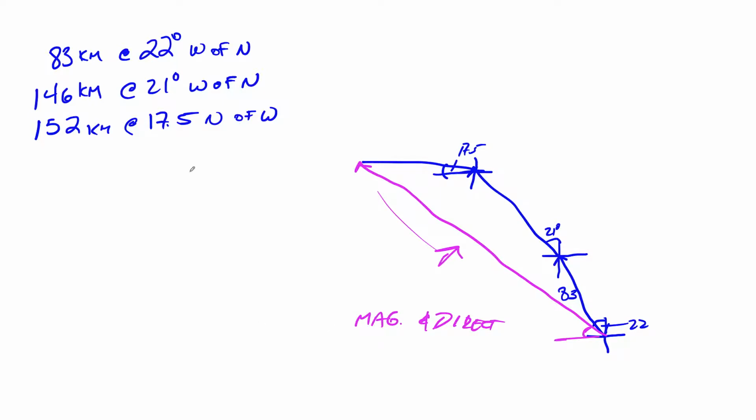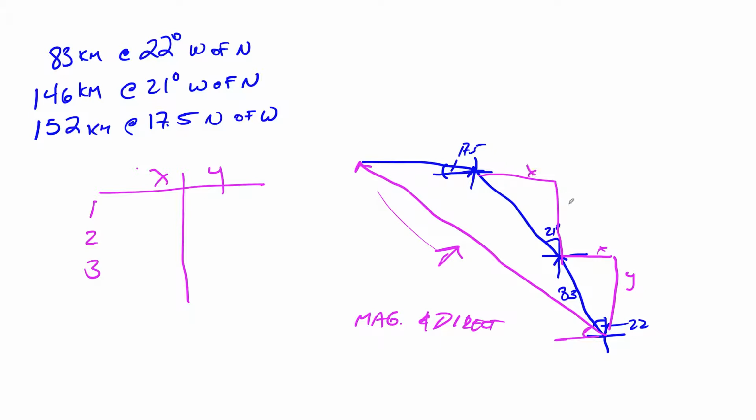Now, what we're going to do is take each of these blue vectors, vectors 1, 2, and 3, and find the x and y components of each of those vectors. So I'm going to draw this. Here's my x and y, x and y, x and y. I'm going to take these blue vectors apart and get the x and y components.